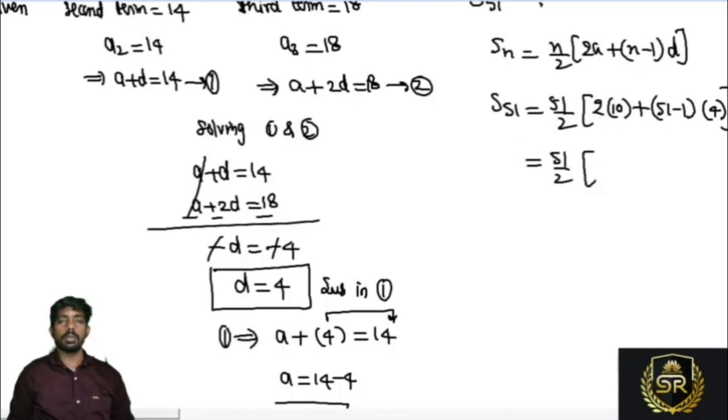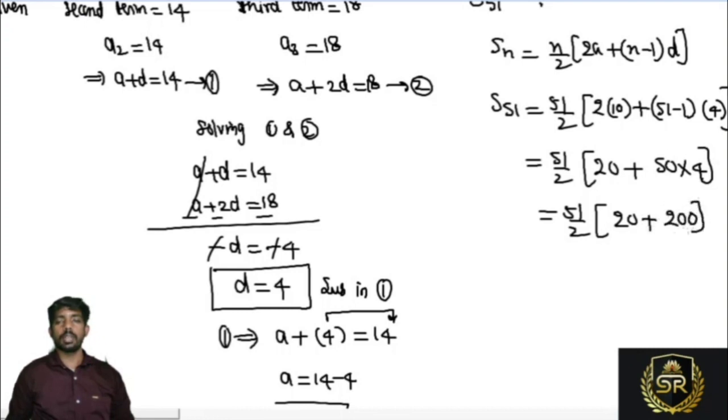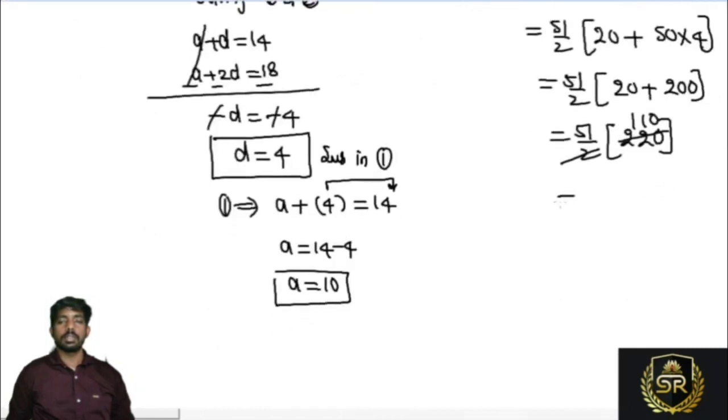51 by 2 into 2 into 10, 20, plus 51 minus 1 is 50 into 4. 51 by 2 into 20 plus 5 fours are 20, 200. So 51 by 2 into 20 plus 200 is 220. 2 11s are 22. So 51 into 110.